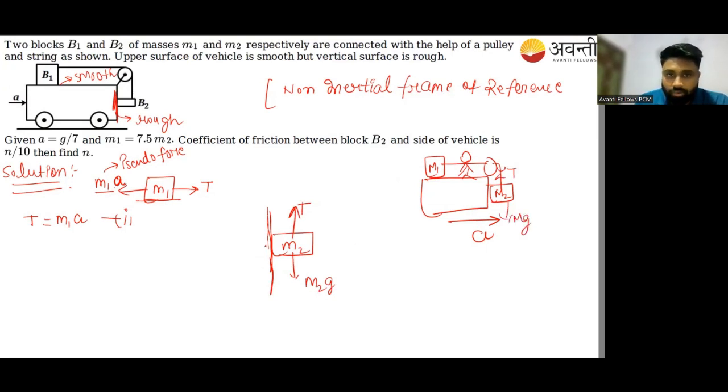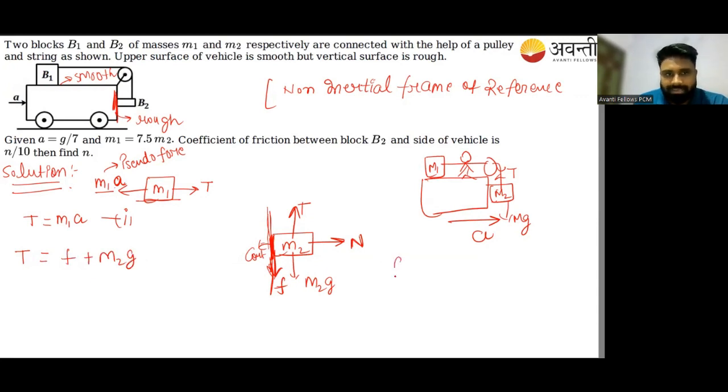Now the normal reaction is provided by this contact surface, so this normal reaction would act in this direction, and let's say this normal reaction is N. Now the friction is there, and if this block is trying to go upward, the friction will act in this direction. So here you can write T is equal to F plus M2g.